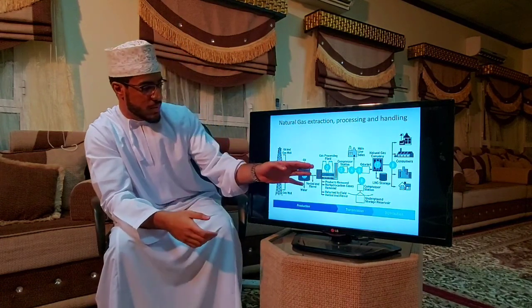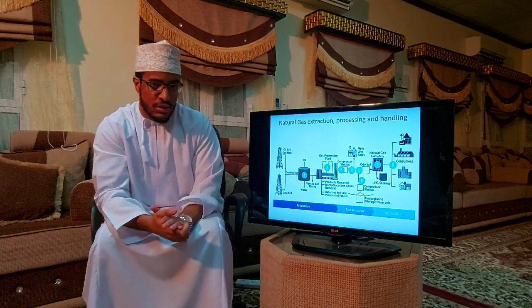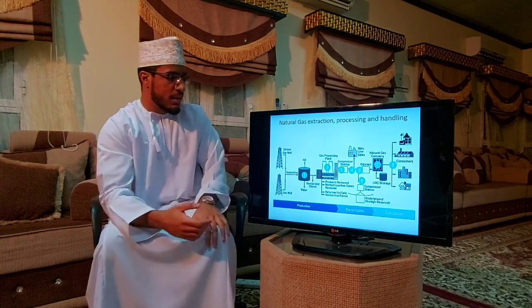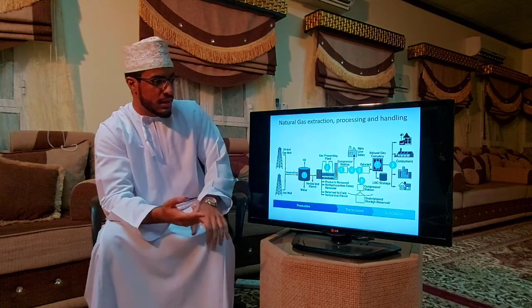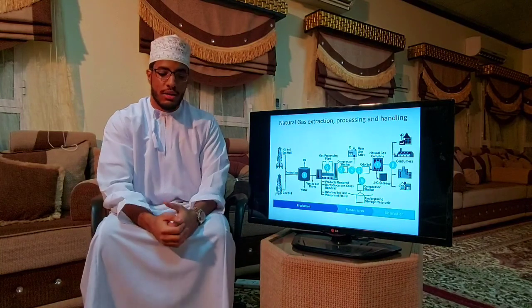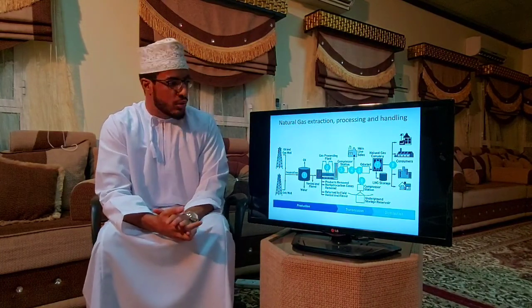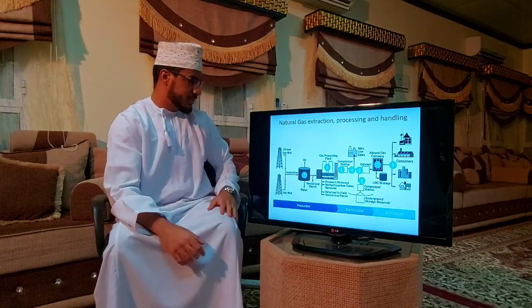There are gas processing stations, also fields and plants. The last part is the consumers, the companies that sell the natural gas, and then it goes to the people who live in homes and buildings.